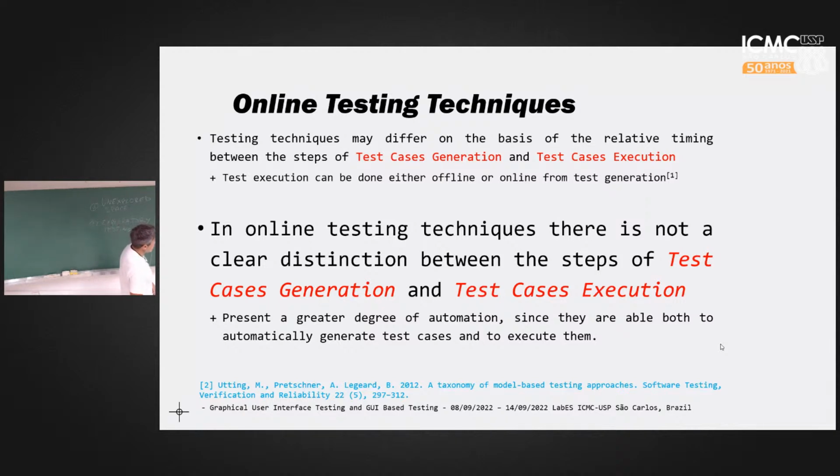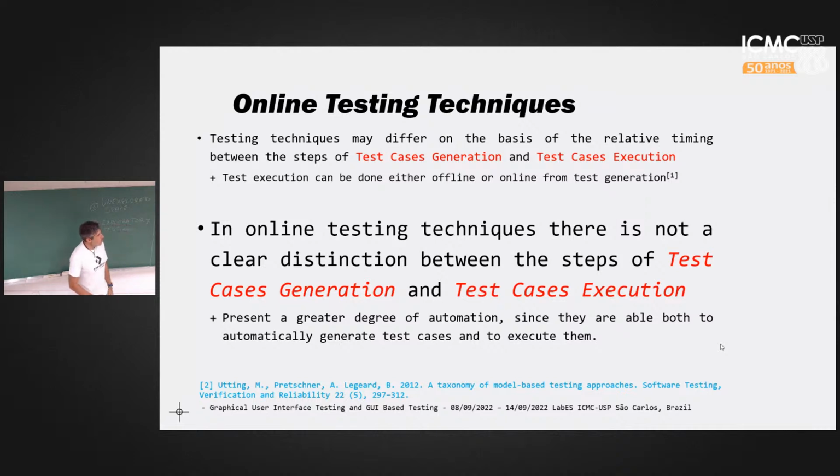The online testing techniques are the most automated testing techniques because you can select the application and test it on the fly. And today, we will understand how it is possible.